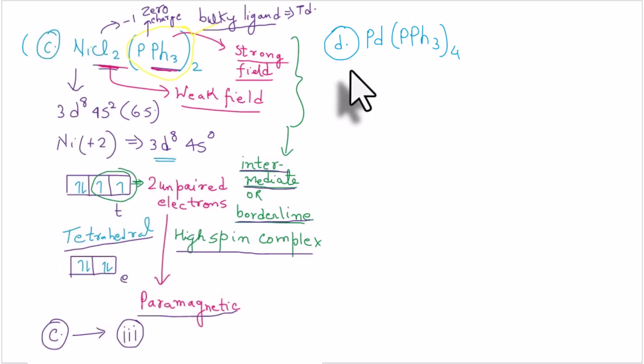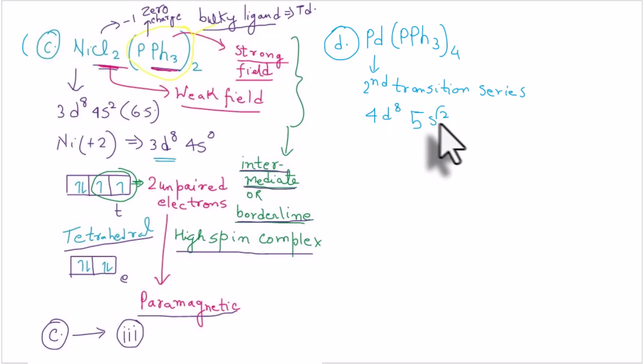Okay. Now coming to complex D, which is a palladium complex. We know very well that palladium is in the second transition series and the valence electronic configuration should be 4d8 5s2. But actually these s electrons move into the d orbital forming 4d10 5s0.